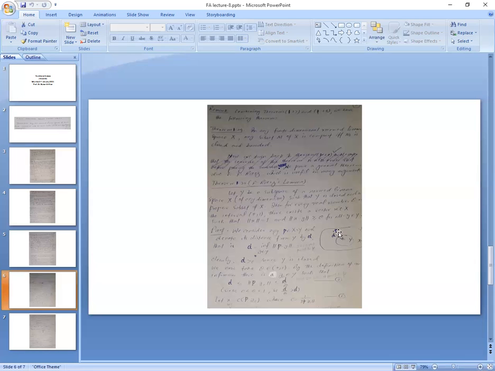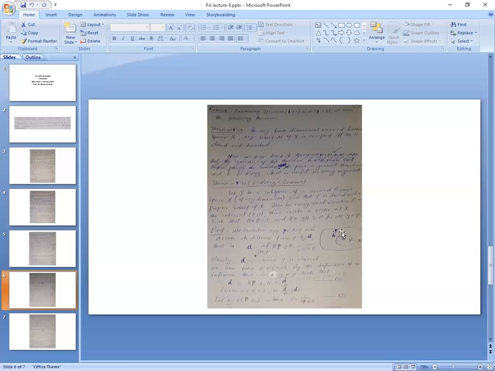Distance is the smallest path from P to Y. If your Y is here and this is P, then this is not the distance. Distance is the smallest one.